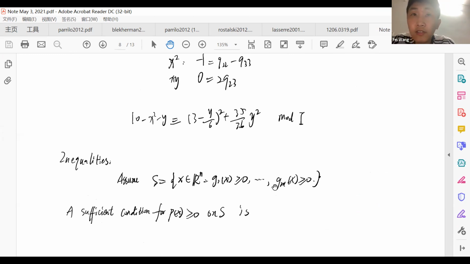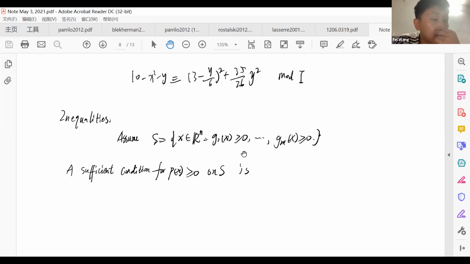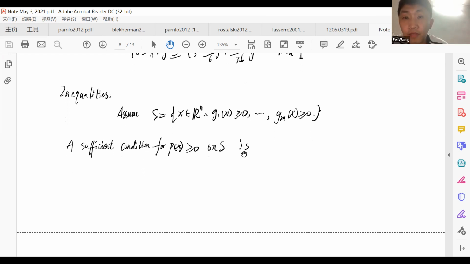Now I want to talk about the sufficient condition for inequalities. Instead of equalities, we now have a bunch of inequalities in this form: g1(x), g2(x), ..., gm(x) non-negative.